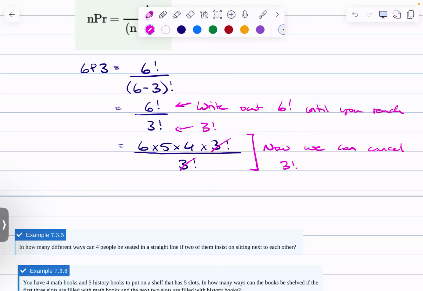So that's the trick, is just writing out until you reach the value in the denominator, and then just cancel those and get rid of them. Right? 6 times 5 times 4 is hopefully still 120. Nothing changed. That's great news.